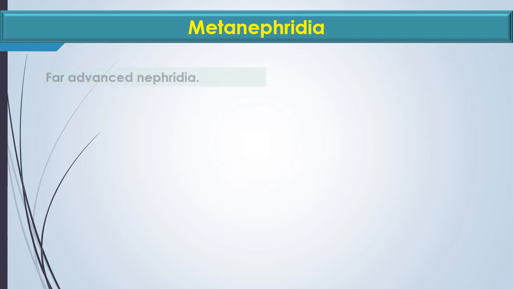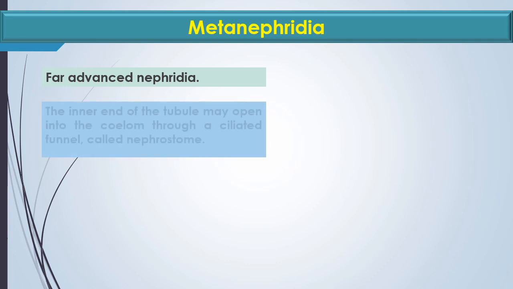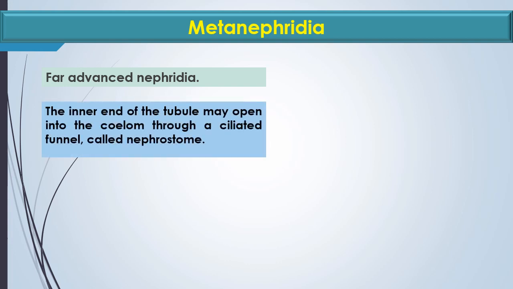Metanephridia. These are far advanced nephridia found in the vast majority of annelids. It is a nephridium that originates in a ciliated coelomic funnel. In a metanephridium, the inner end of the tubule is open and remains in the form of a nephrostome.